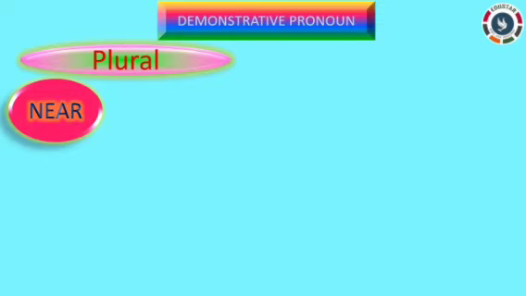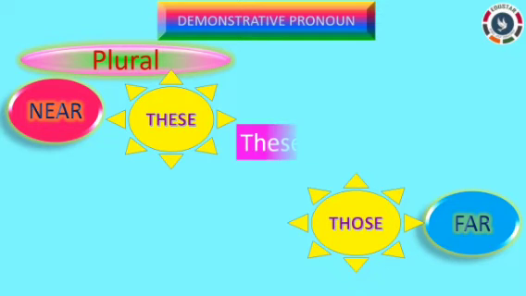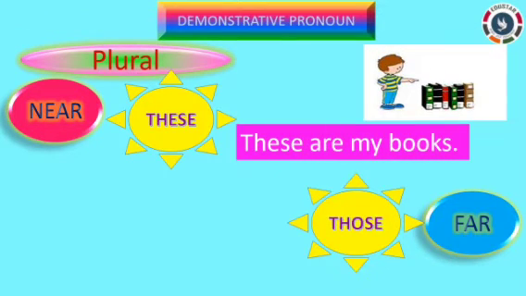For nouns which are in plural form and near, we use the demonstrative pronoun these. And for nouns which are in plural form and far, we use the demonstrative pronoun those. Let us see this with some examples. These are my books.